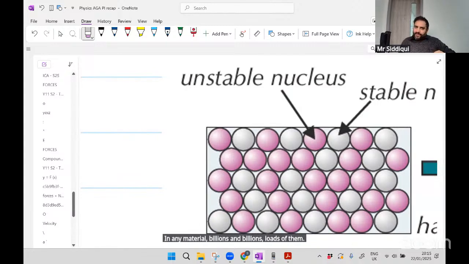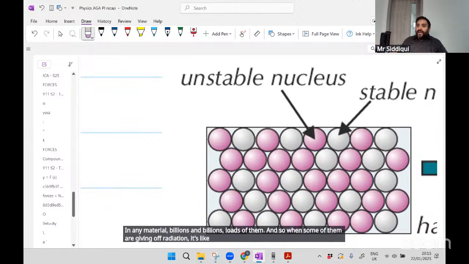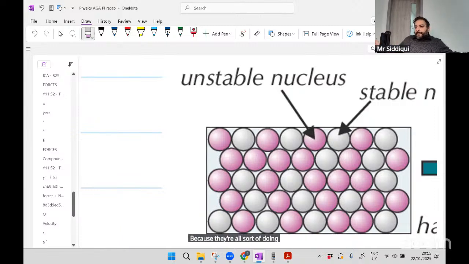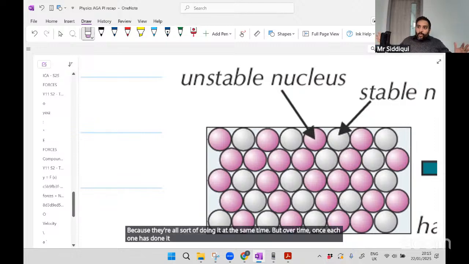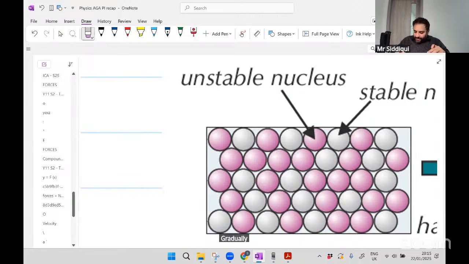And so when some of them are giving off radiation, it can seem like lots of radiation is being given off because they're all sort of doing it at the same time. But over time, once each one has done it, it doesn't do it again, which means the overall radioactivity has to decrease with time. Every radioactive substance eventually basically doesn't give it out anymore. It becomes safe because it has to gradually decrease. So this image just sort of simplifies that whole thing.